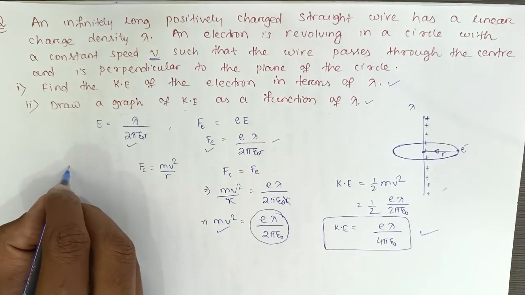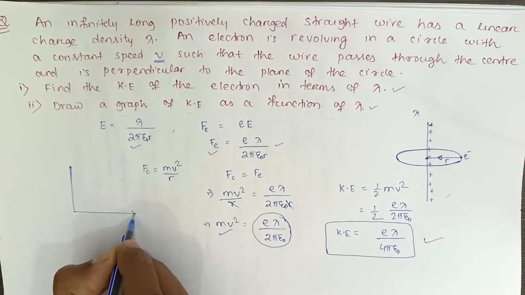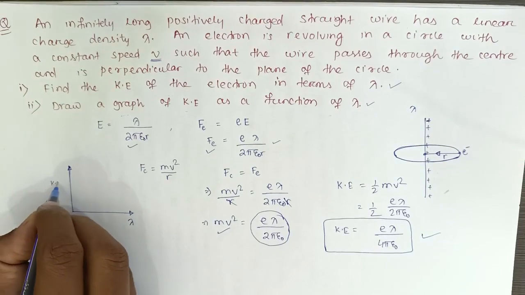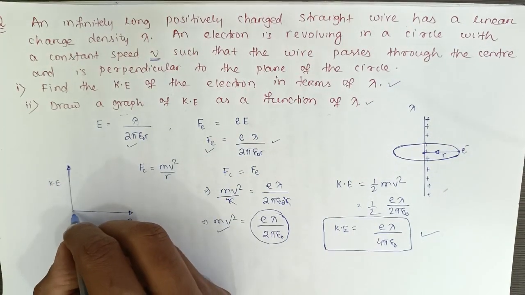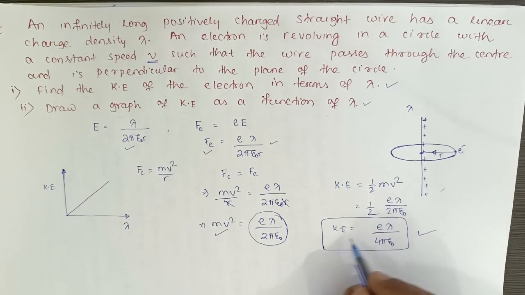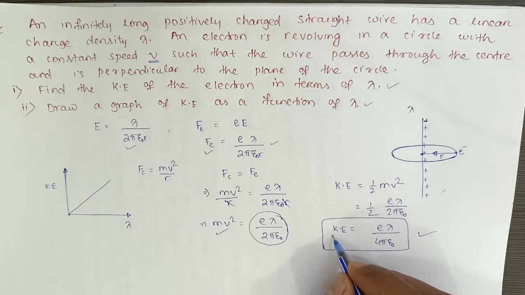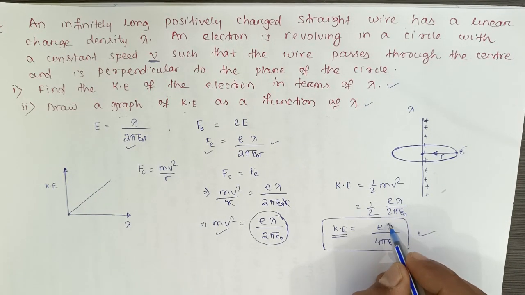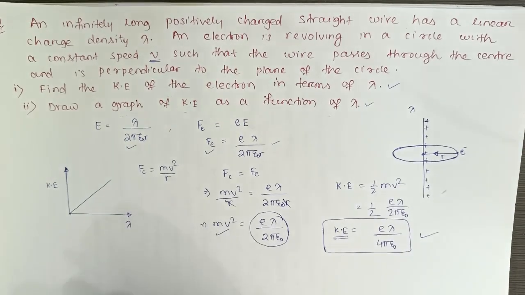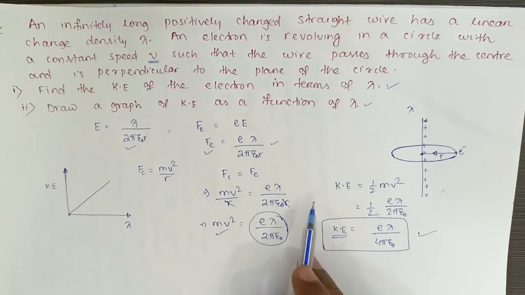So if I draw a graph between the kinetic energy and lambda, let us take lambda along the x-axis and kinetic energy along the y-axis. The graph will be a straight line passing through the origin, because if lambda is 0, kinetic energy will be 0. So the graph starts from the origin, and you can see that kinetic energy is directly proportional to the first power of lambda. So the graph will be a straight line passing through the origin. So in this way you can solve this question.